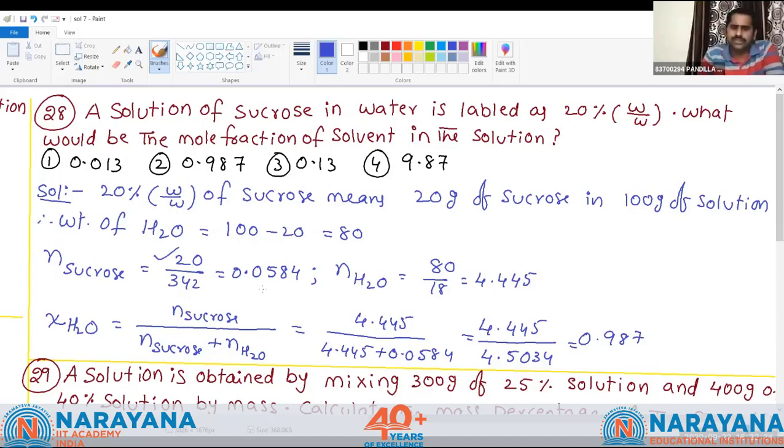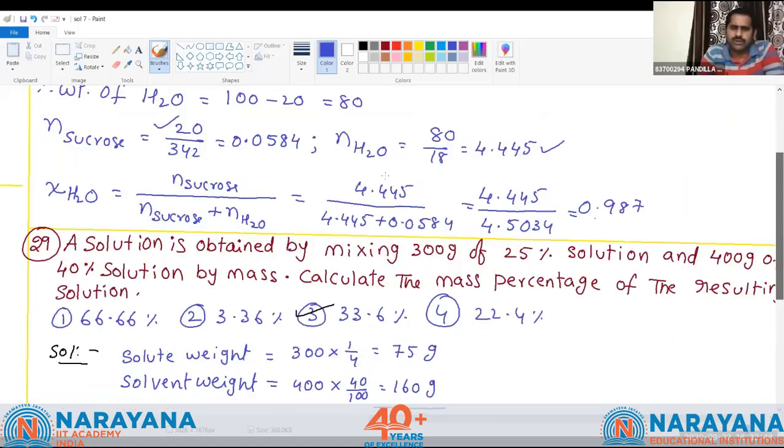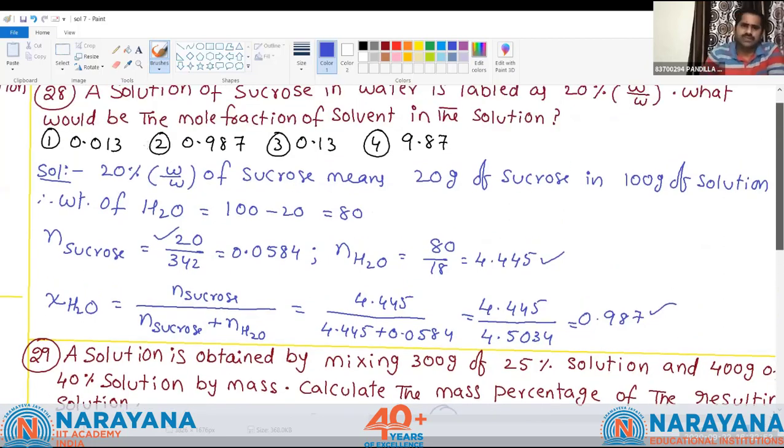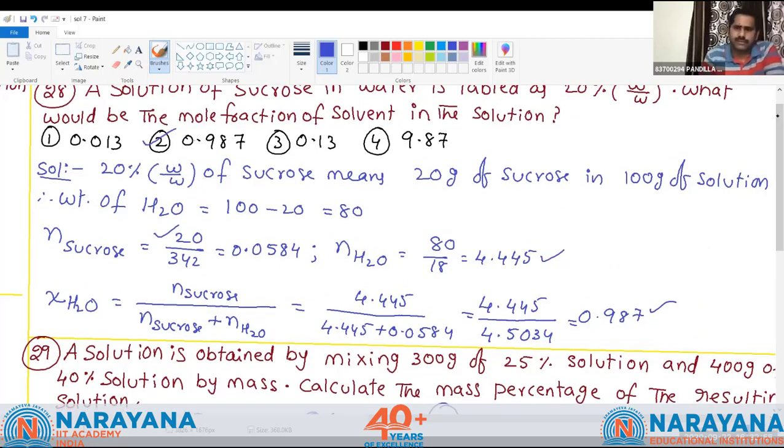We got 0.0584. Number of moles of water is 80 by 18, we got 4.445 moles. The mole fraction of water is the number of moles of water by total number of moles, so 4.44 by 4.5034, we got 0.987. 0.987 is the answer. This is the second option.